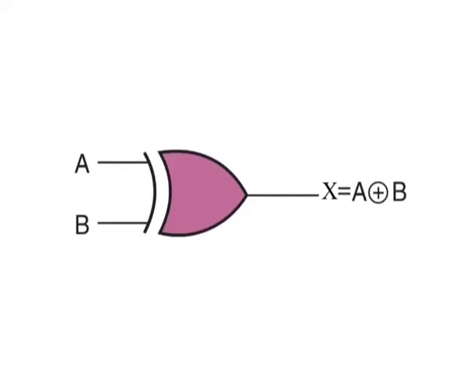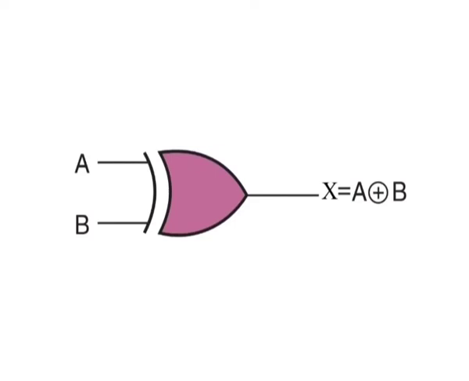The exclusive OR and exclusive NOR gates. Exclusive OR and exclusive NOR gates are formed by a combination of other gates already discussed. However, because of their fundamental importance in many applications, these gates are often treated as basic logic elements with their own unique symbols.